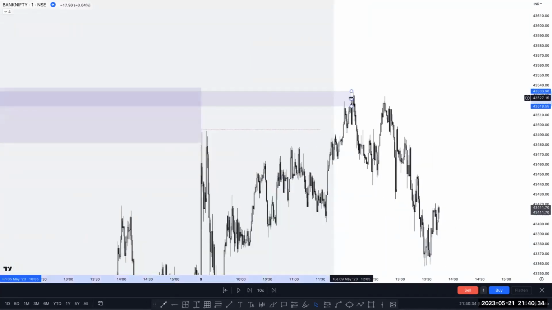This one, right? And wait for choch and flip. Press tap on your refinement 1 minute order block, and then you have to wait for it to create a choch and flip entry model. Then you can take entry here also.